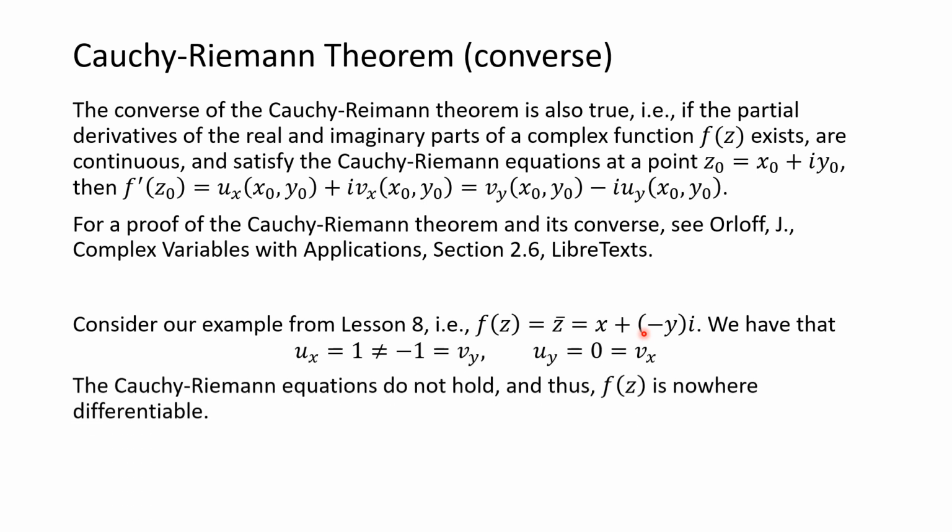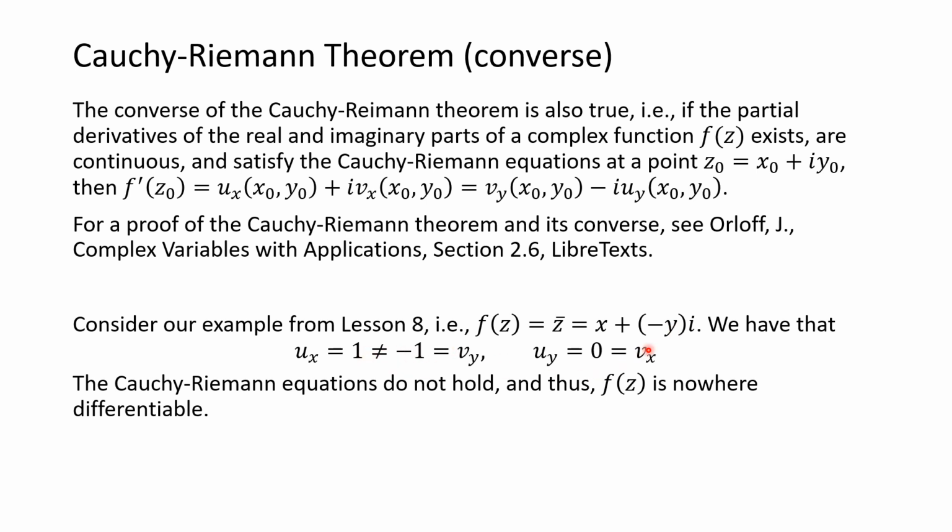And so we do have an example here. It's the same one we did before, except it's much easier when we use the Cauchy Riemann equations. So we have the conjugate of z. We break that into the real and imaginary part. We take the partial with respect to x. We get 1. The partial with respect to y is minus 1. So they don't equal.